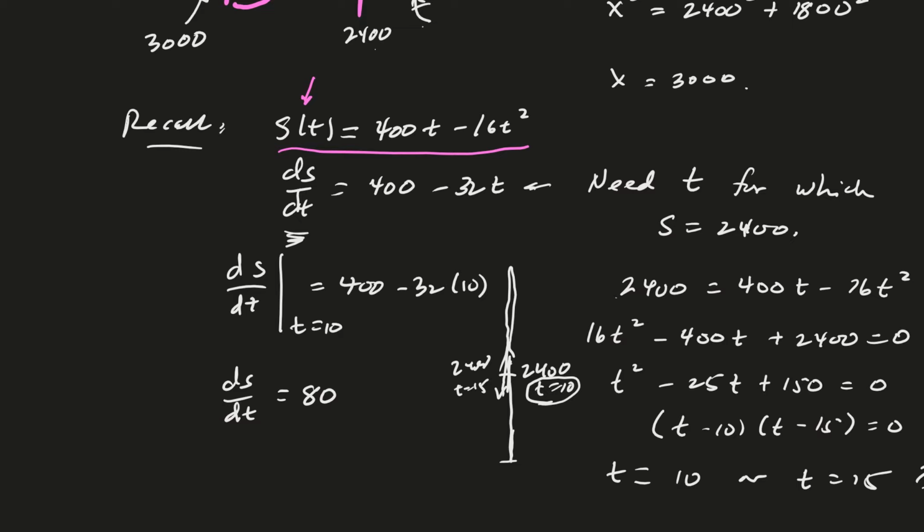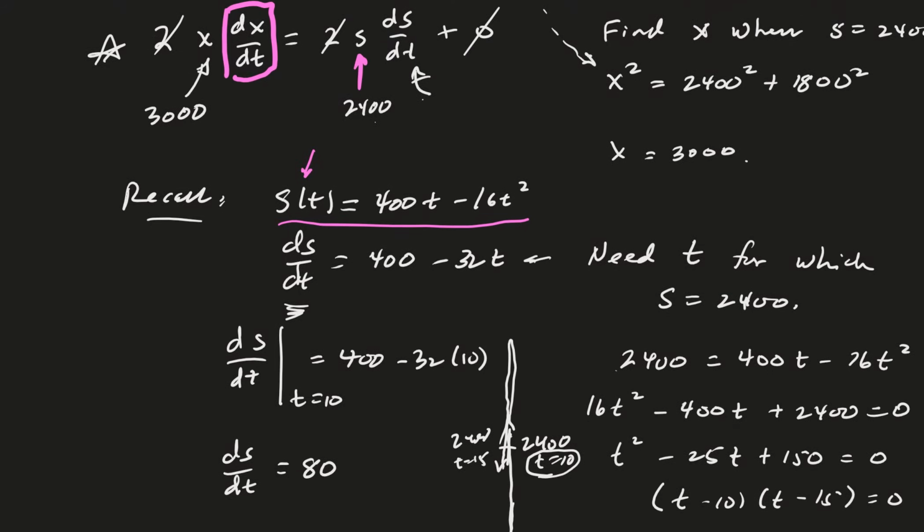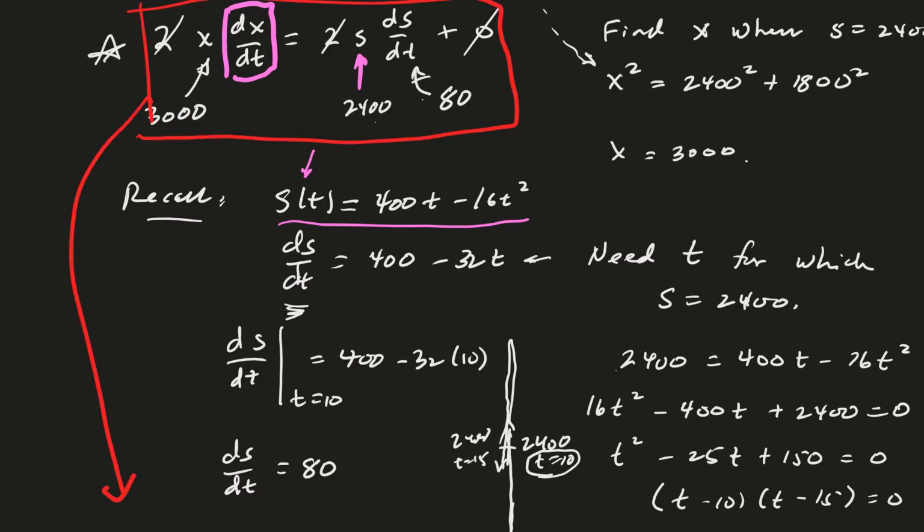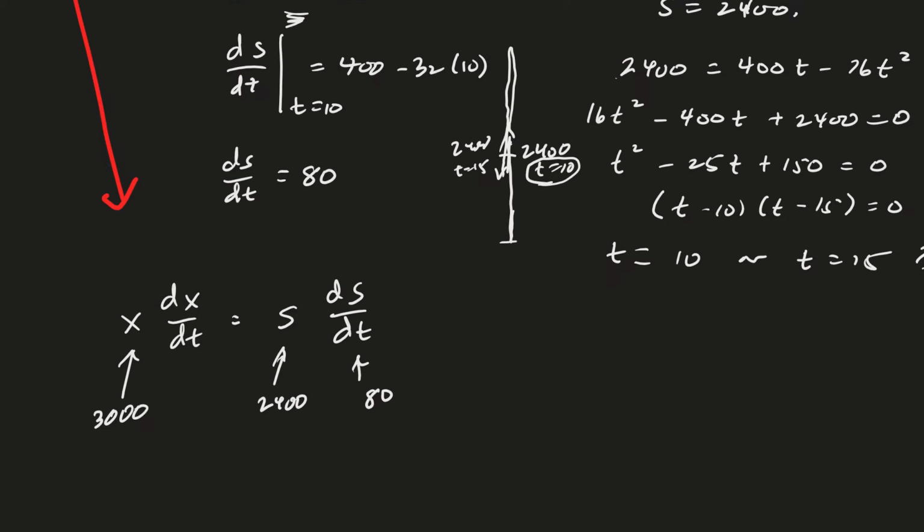Good. Now, we have our last number that went in here. That's an 80. Good. So let's summarize here. I'm running out of space, so let me transfer all of this information down below here. I'll pause while I do that.